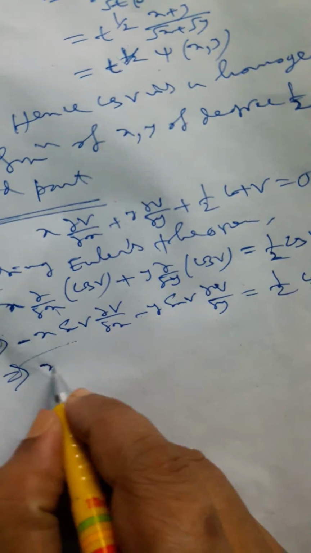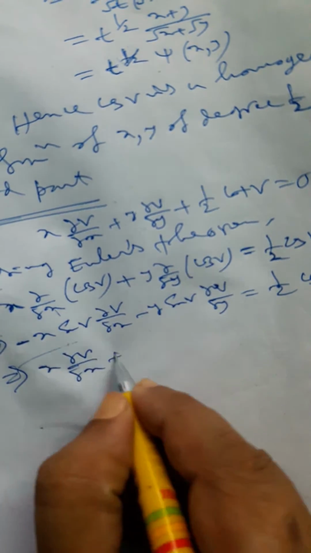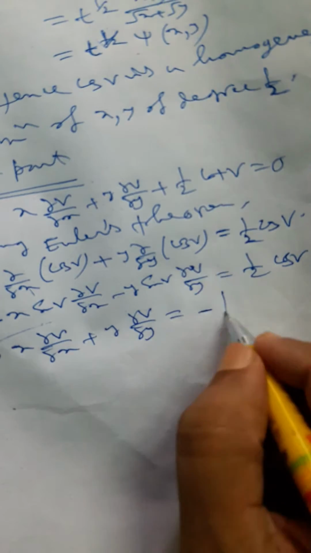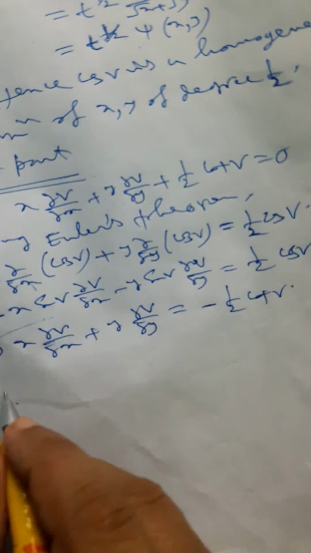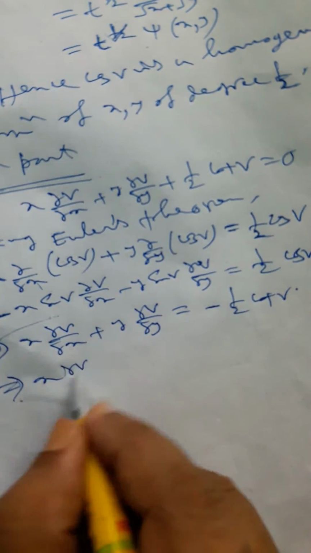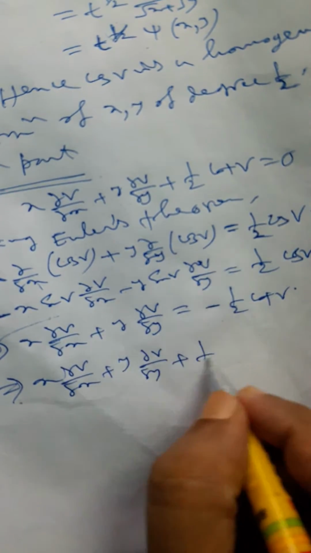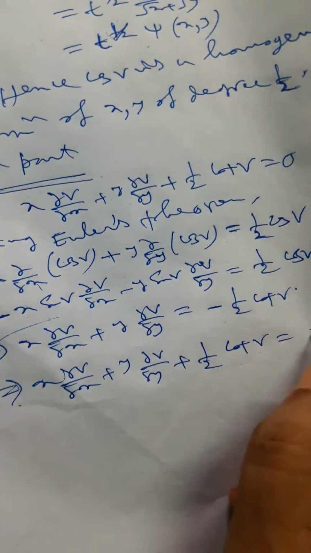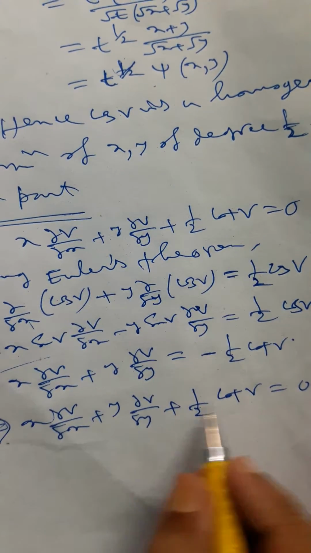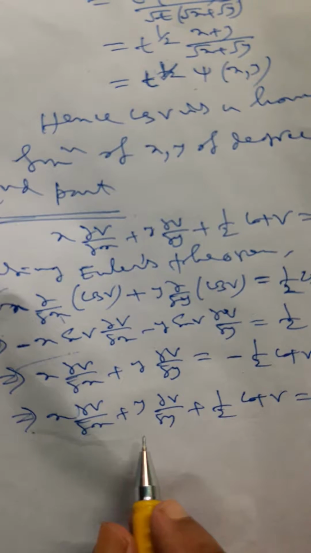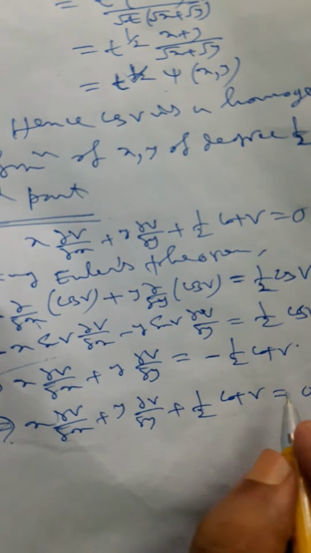It will be x del v del x plus y del v del y is equal to minus half of cot v. Then x del v del x plus y del v del y plus half of cot v equals 0. So finally we prove this result.